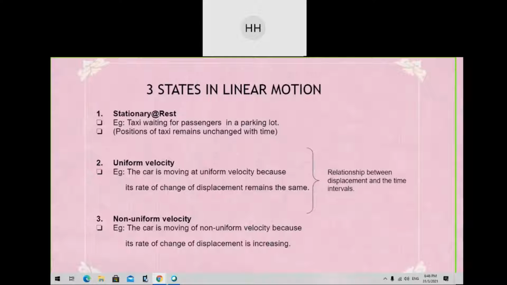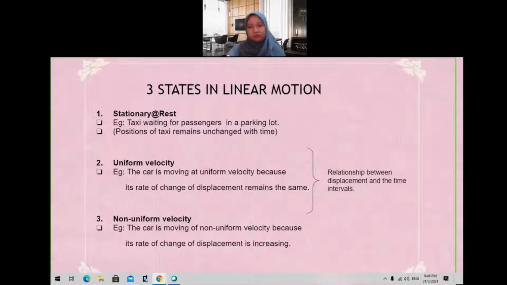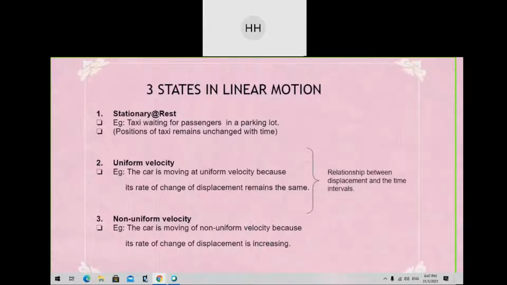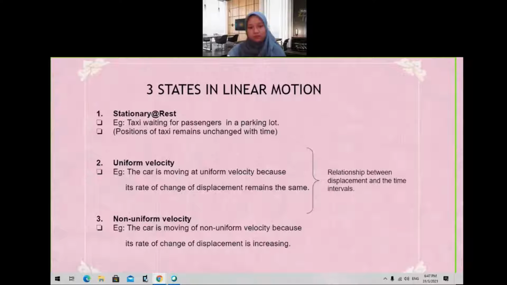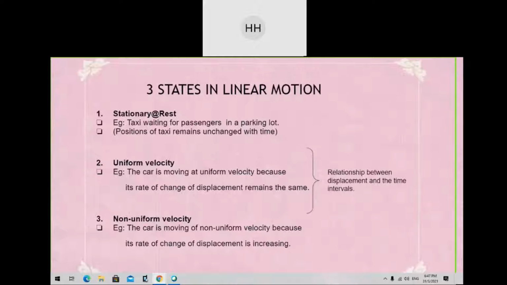But second is uniform velocity. For example, if you see the car is moving at uniform velocity because its rate of change of displacement remains the same. If you see the car moving the same displacement in the same time, we call it uniform velocity.